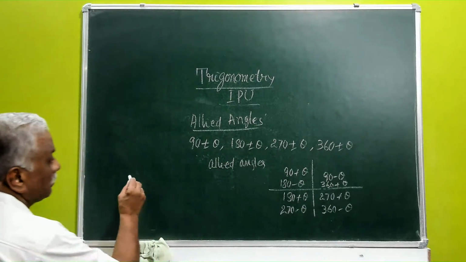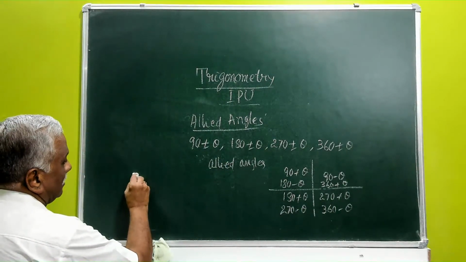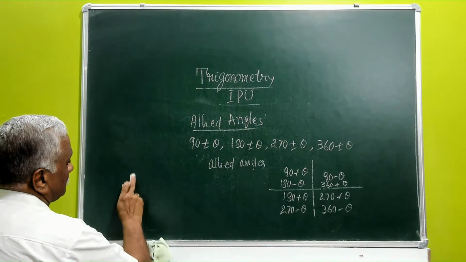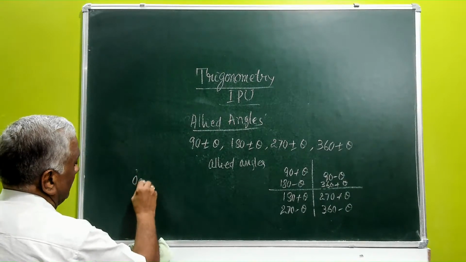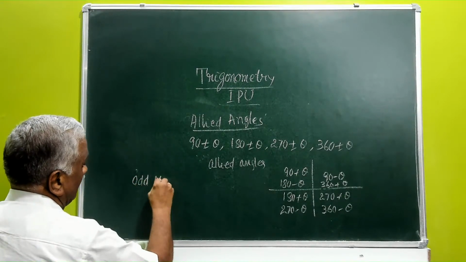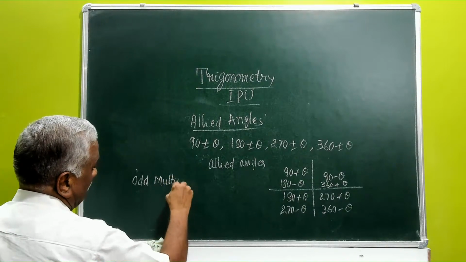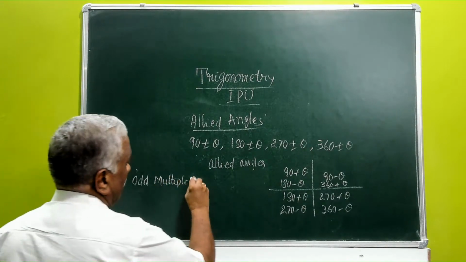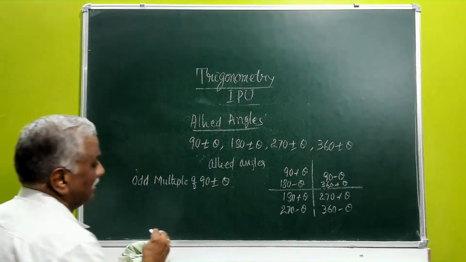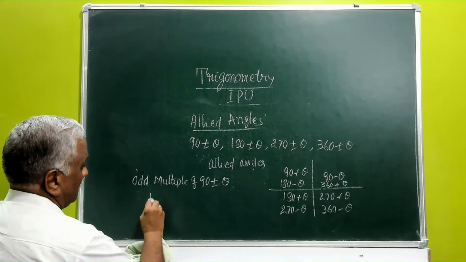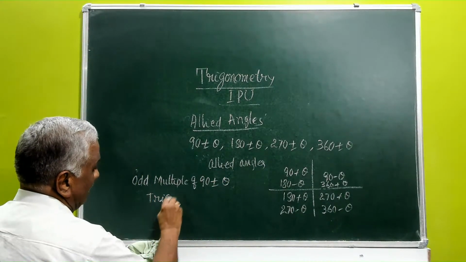There are two things you need to remember. Odd multiple of 90 plus or minus theta, trigonometric function will change.